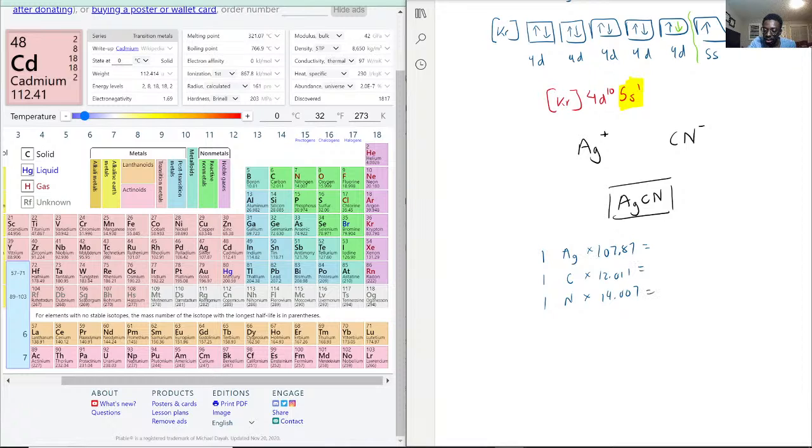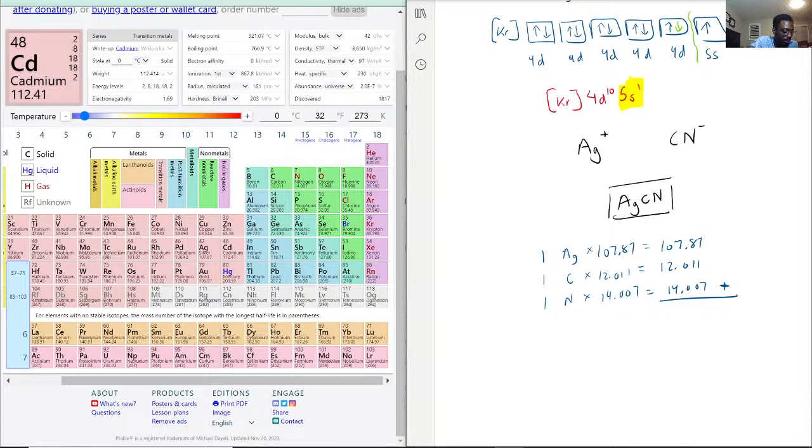I'd like to just show all our steps so that we're not missing anything. Even though it may seem repetitive, you will definitely thank me later, because sometimes when you're missing a part of a problem, it's better when you have everything laid out so that you can find it quicker. 107.87 plus 12.011 plus 14.007.